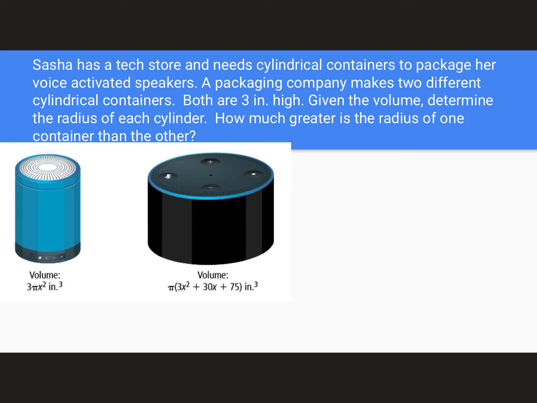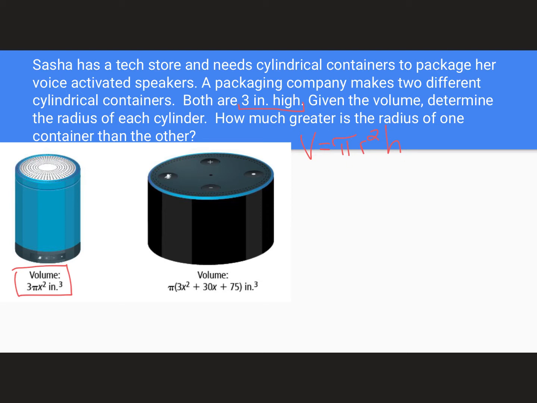Okay, so the first thing we need to remember is, what is the formula for the volume of a cylinder? In case you remember, it's volume of a cylinder equals pi times the radius squared times the height. In this case, we know that they are 3 inches high. So let's start with the first one. I look at this and I look at my formula, pi r squared times h.